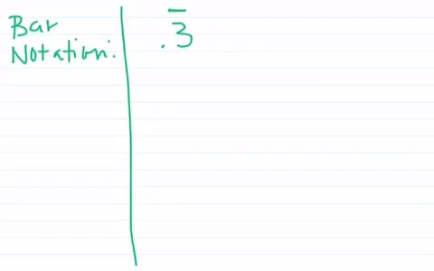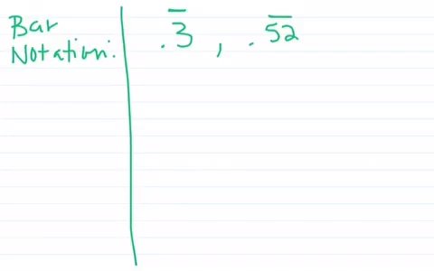Okay, let's talk about bar notation. For decimals that repeat themselves, if I want to represent 0.3 repeating, we're going to use bar notation. So it's just a decimal with that little bar over it. You can also put the bar over two numbers, all right?